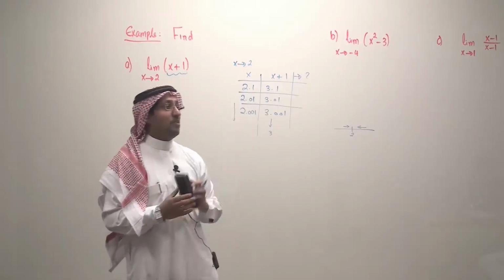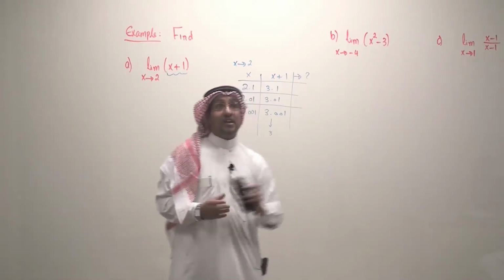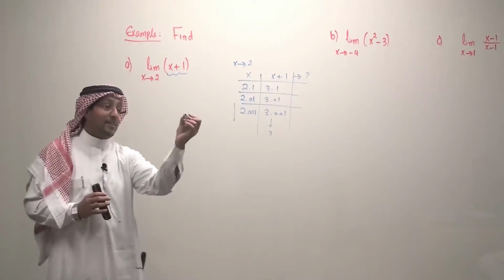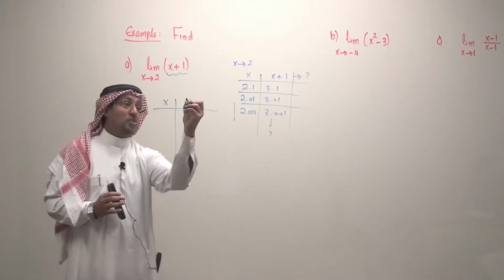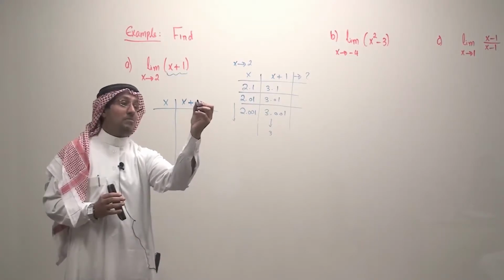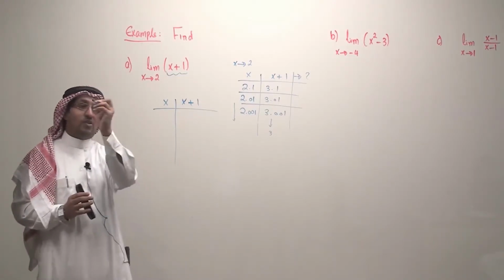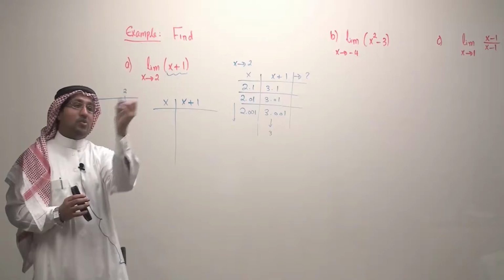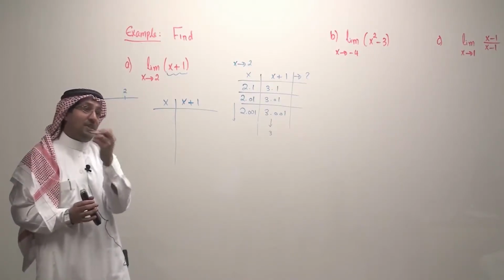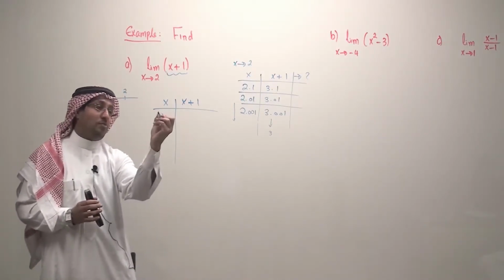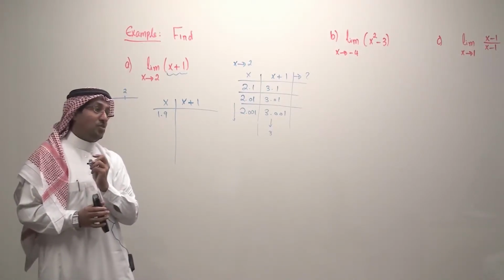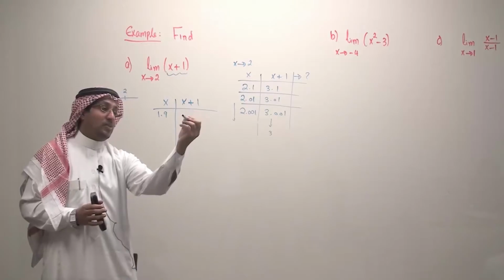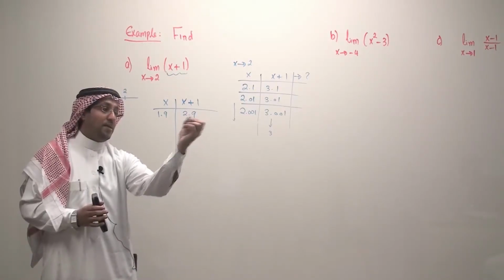Same thing, for example, if you take values of x where x goes to 2 from the left-hand side. So this is 2. When you take values from the left-hand side, say for example 1.9, 1.9 is very close to 2, so x plus 1 is going to be 2.9.